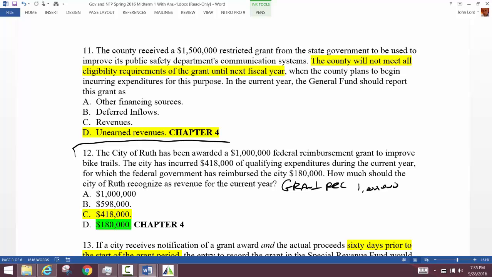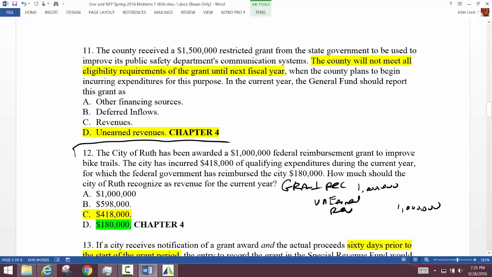They have to spend the money to be eligible, don't they? And when they first get the grant, have they spent any money? They haven't spent any money yet, right? So it's what? Unearned revenue. For $1 million, right? Okay, now they start to spend some money, don't they?